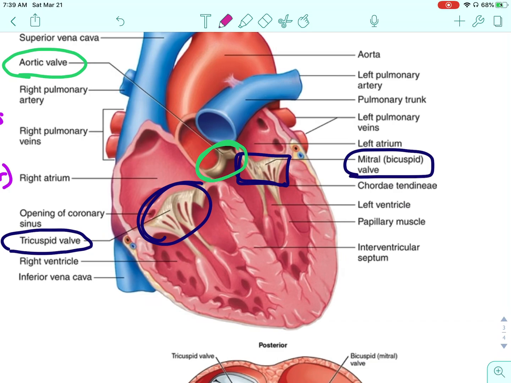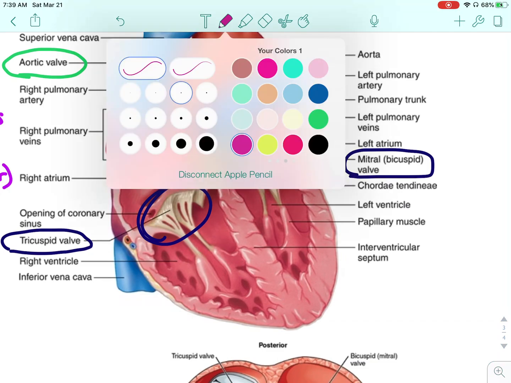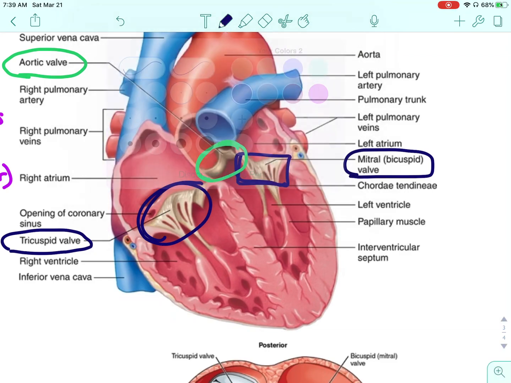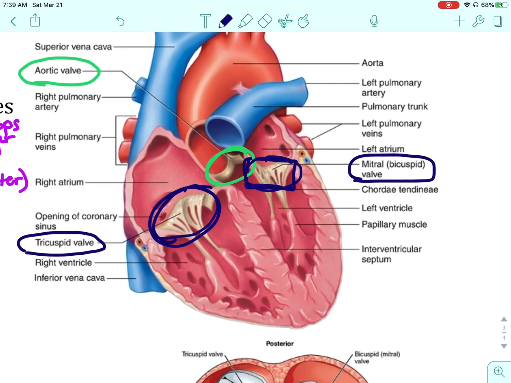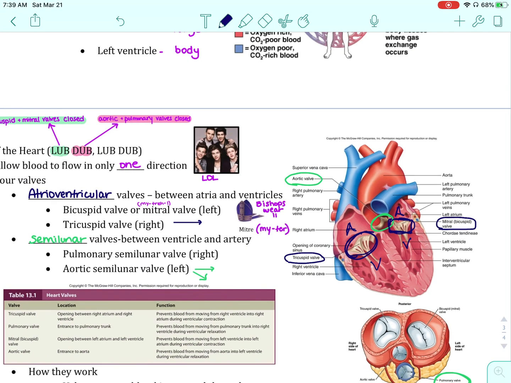So the tricuspid valve is, see if I can match that right here. And the mitral valve or bicuspid valve is here, and they separate between the atrium and the ventricles. That's why they're called atrioventricular valves.